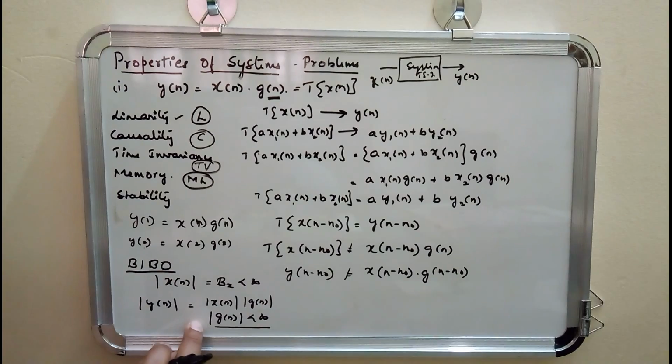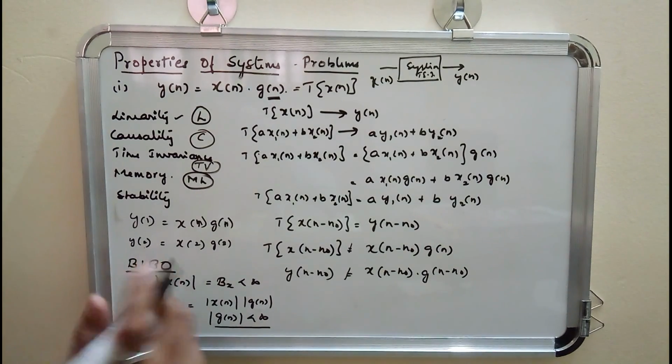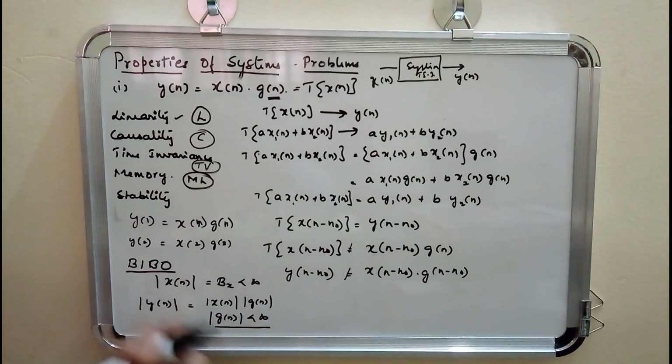So if the magnitude of g of n is less than infinity, my output is also bounded, because we have presumed that the input is bounded, and if the magnitude of the constant factor g of n is bounded, that is, less than infinity, then my output will also be bounded. So the stability criteria completely depends upon the magnitude of g of n.